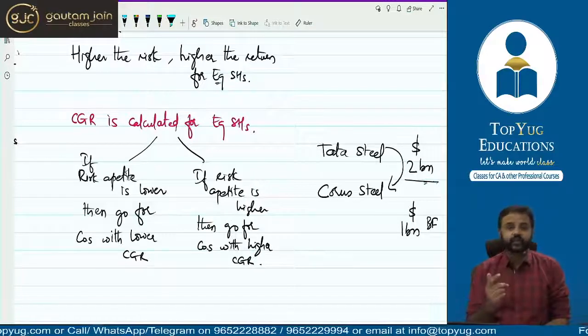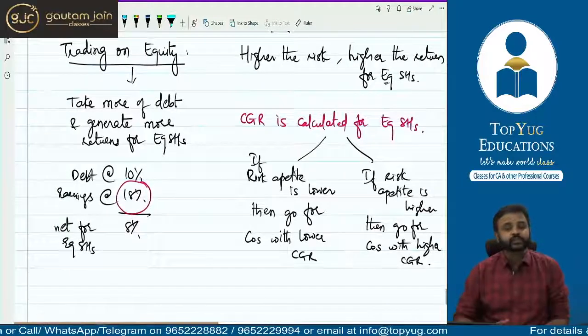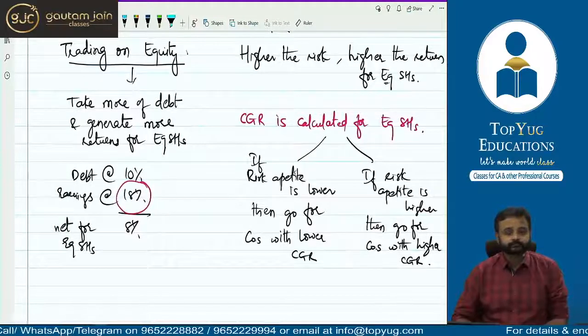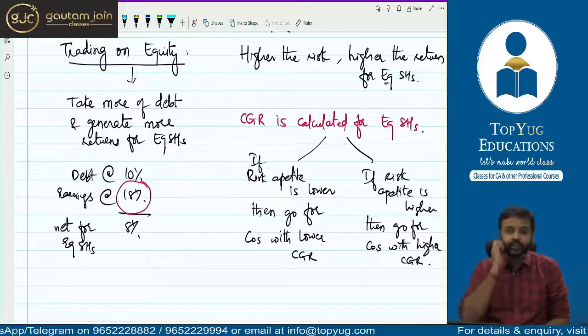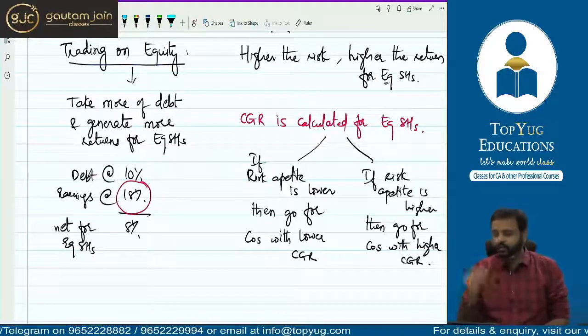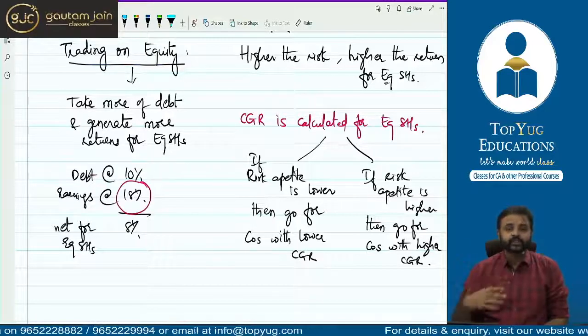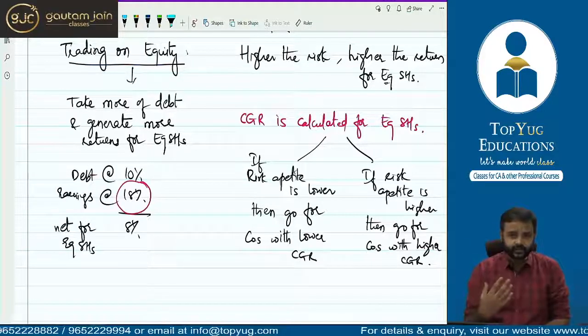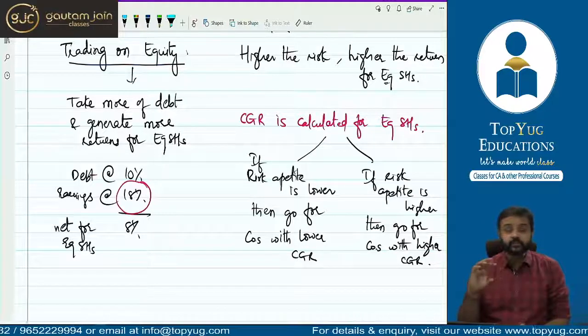If it doesn't go as expected, then it is a huge risk for the company. Understand? So trading on equity, in short, means take more debt and earn more for the equity shareholders. That means you're going for higher risk. Higher the risk, higher the return. But this can be ulta as well. Higher the return might be higher the negative return.